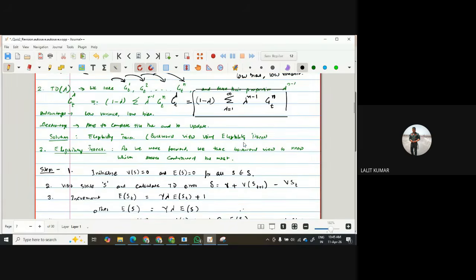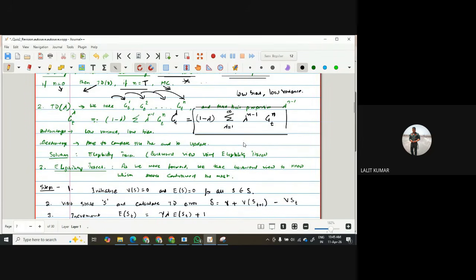The disadvantage is that we have to complete the entire episode to update if we consider this formula. So how to solve it? We have a concept of eligibility trace. We reach a state and then keep on updating the eligibilities of the previous states, decay them, and then update these states.